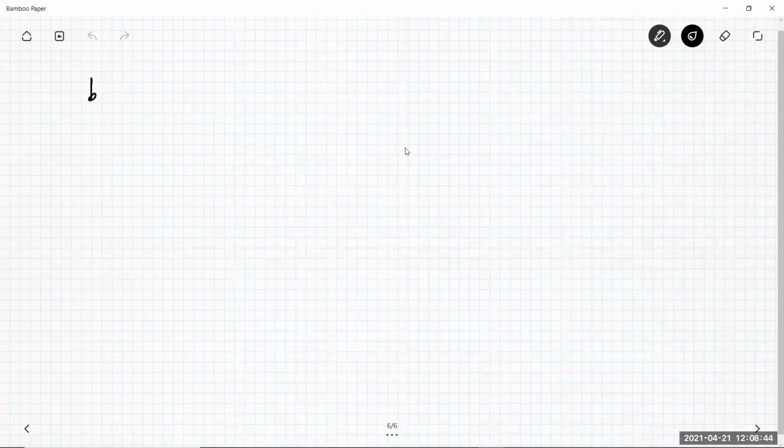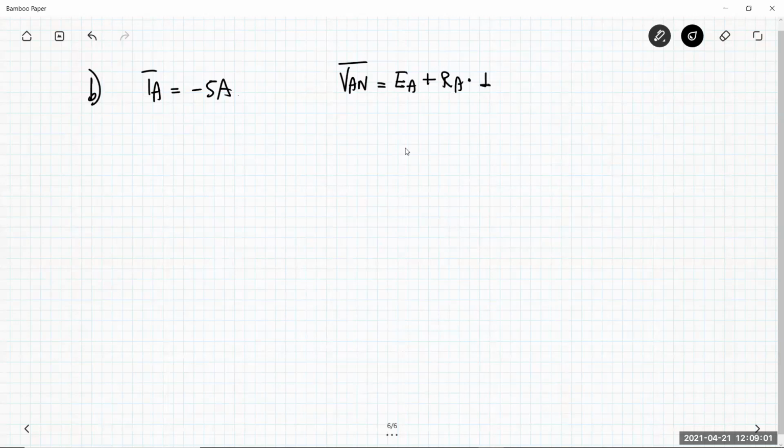The second part is the B. IA is negative 5 amp. So in the same way, we have that the VAN average value is EA plus RA multiplied by IA average. So 75 minus 0.5 times 5 amp.